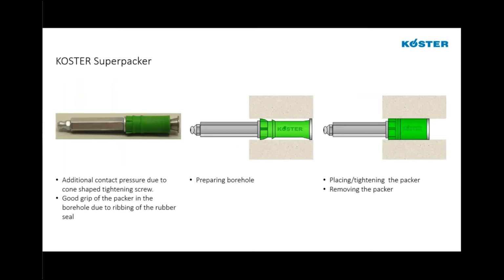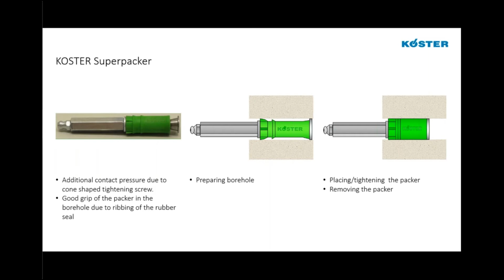More commonly used, we have the KOSTER super packers. They're 10 and 13 millimeters in diameter, and they come in several different lengths. These are much safer and much better to use because we get the additional contact pressure because of that cone-shaped tightening screw.